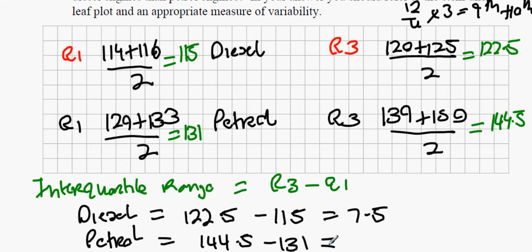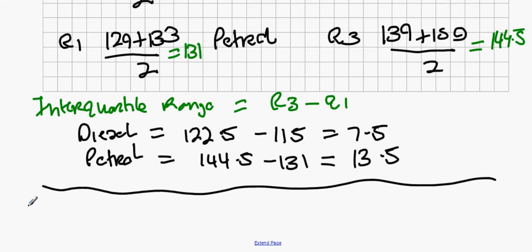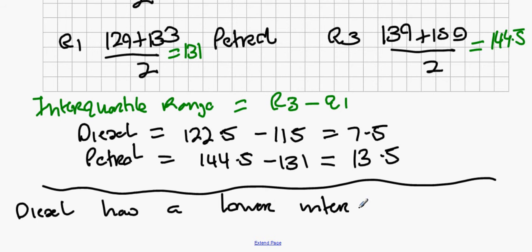So once again, you can see that the diesel has a lower interquartile range, so therefore it shows you that it's less spread out than the petrol.